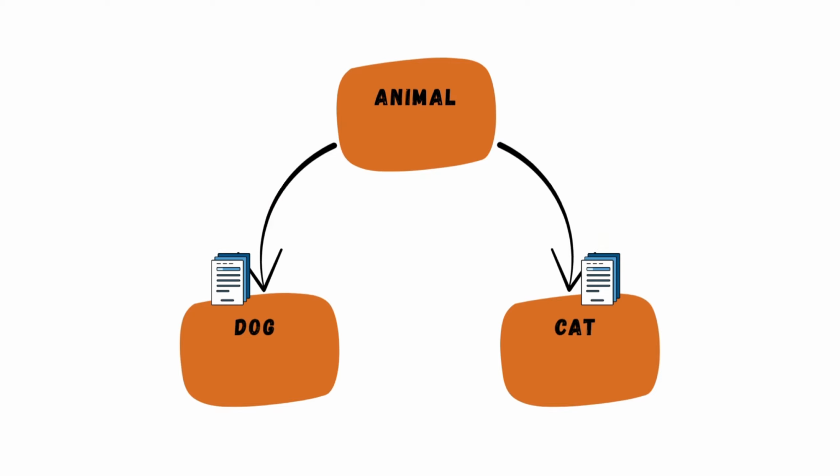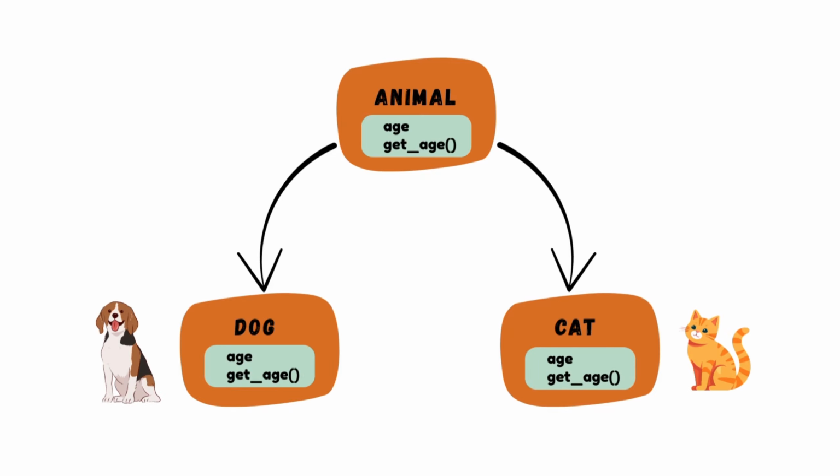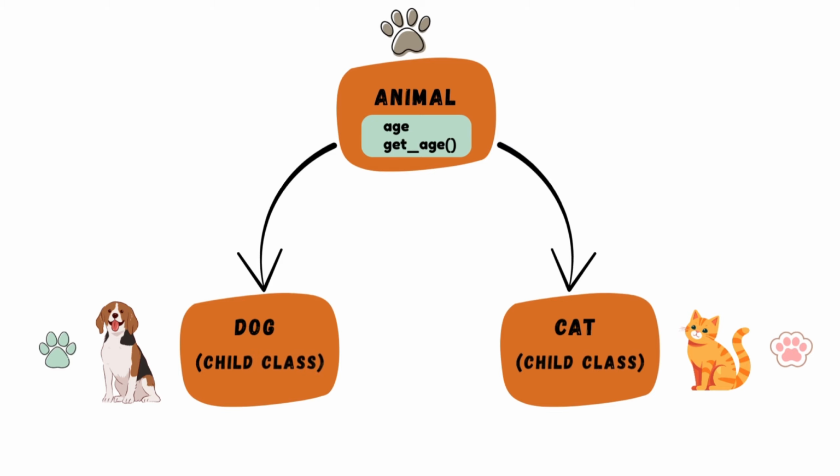This means the new class can reuse the code from the existing class and can also add new attributes or methods of its own or even override existing ones. Here, the new class is referred to as child class or subclass, and the existing class is referred to as parent class or superclass or base class.